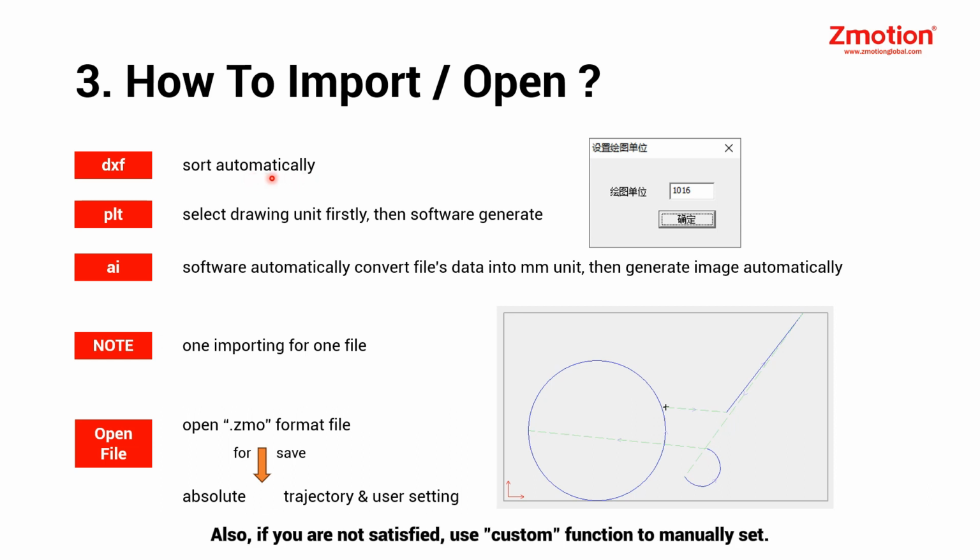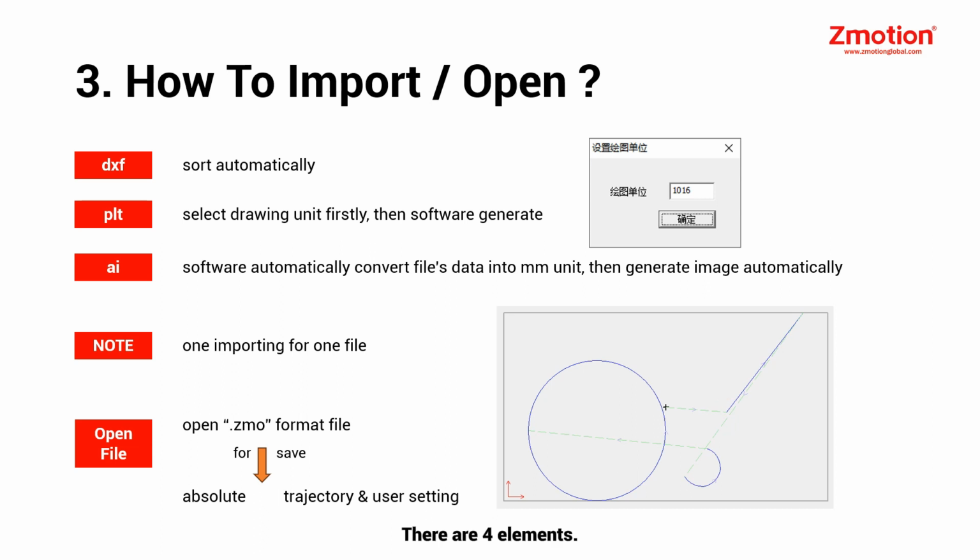Also, if you are not satisfied, use the custom function to set manually. If a PLT file is imported, please select Drawing Unit. The default is 1016. Click OK directly. If an AI file is imported, the data will be converted into units. Then process graphics. Whichever one, all will be like this.